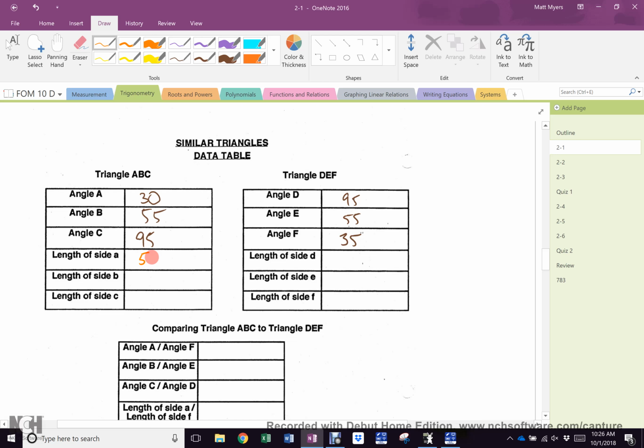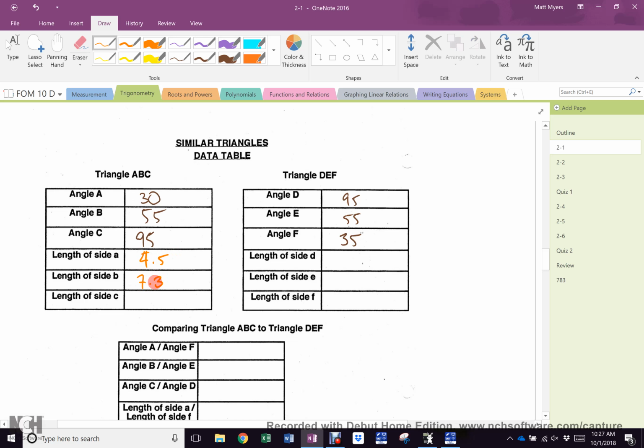Go from the dot, not the letter. Go from the dot on the triangle to the next dot on the triangle. So, 4.5, yeah? Close enough.